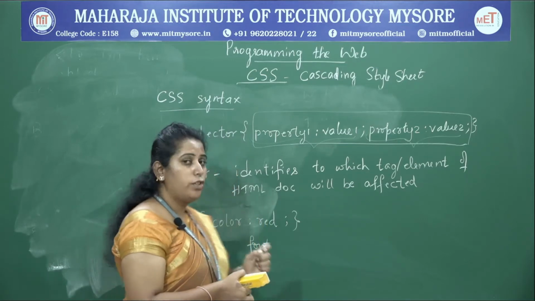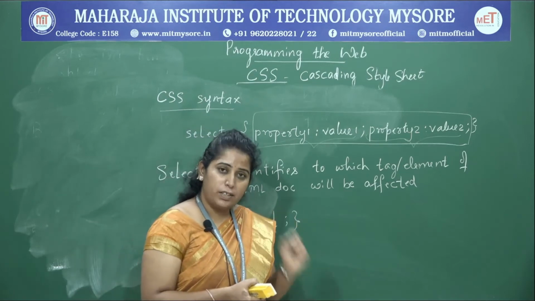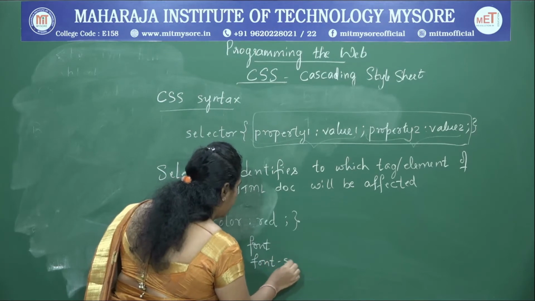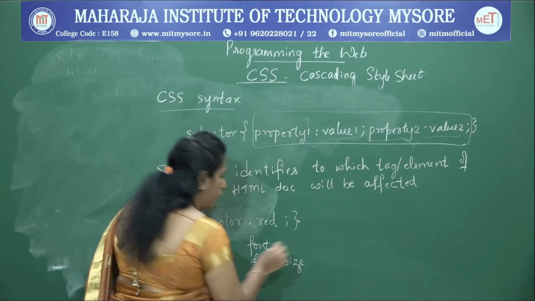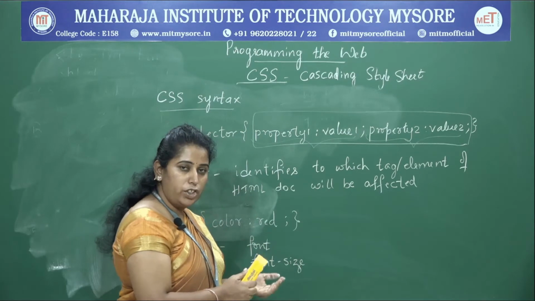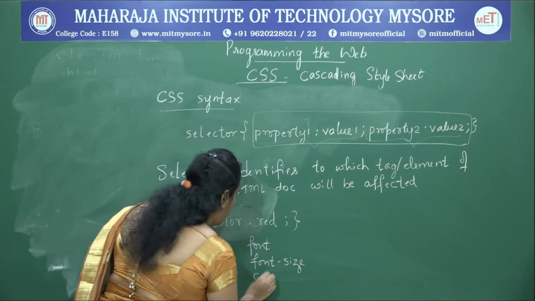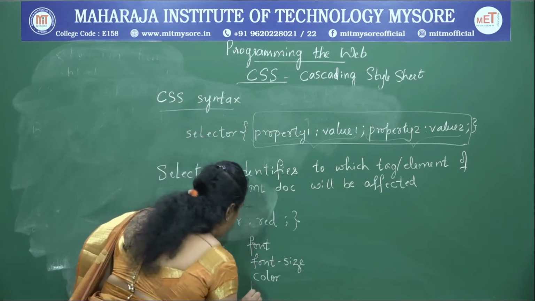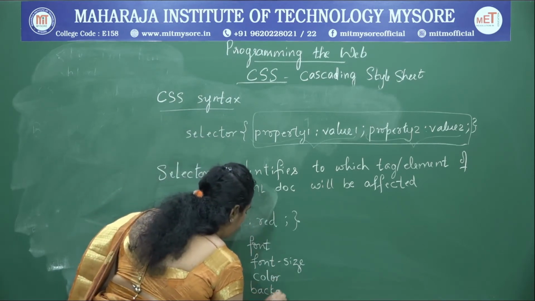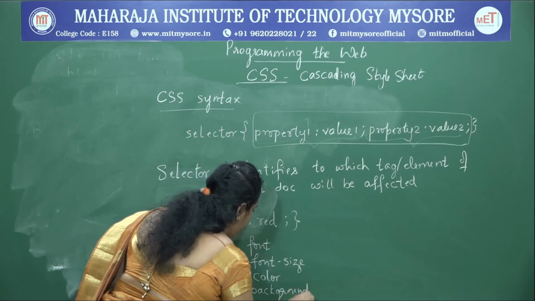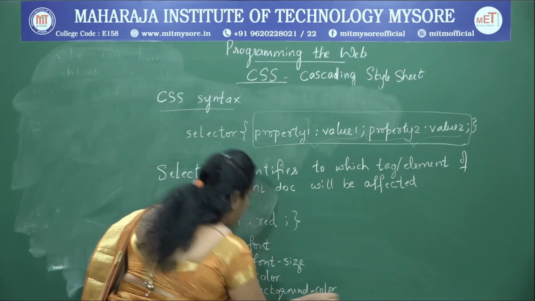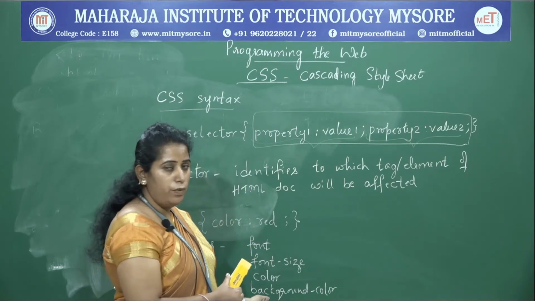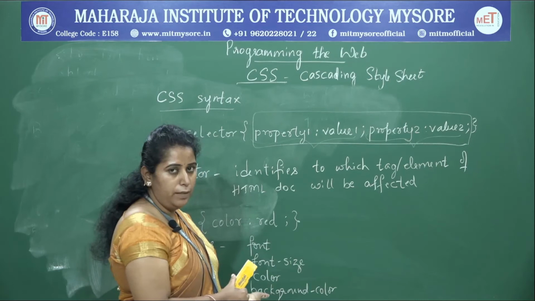If you want to specifically change the font size, you have a property called font size. If you want to change the color, you have a property called color. If you want to change the background color, you have a property called background color. Likewise, there are many properties available.